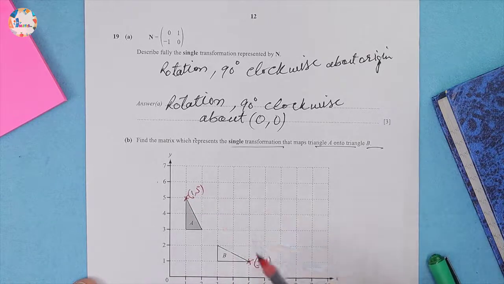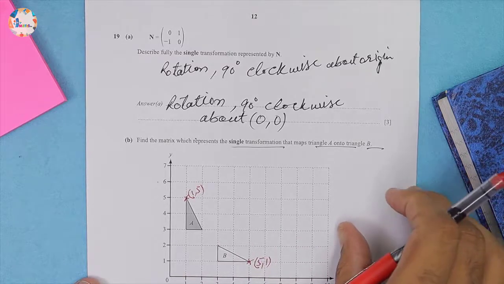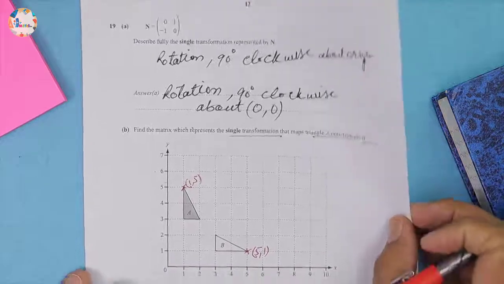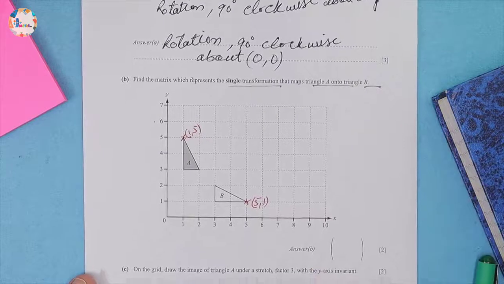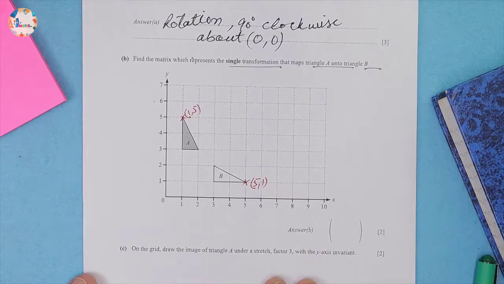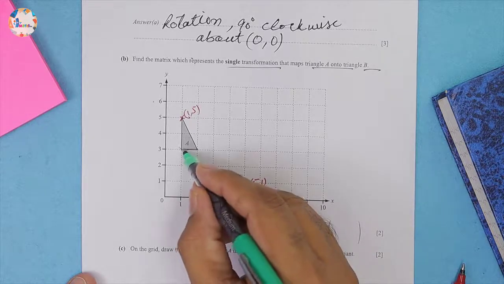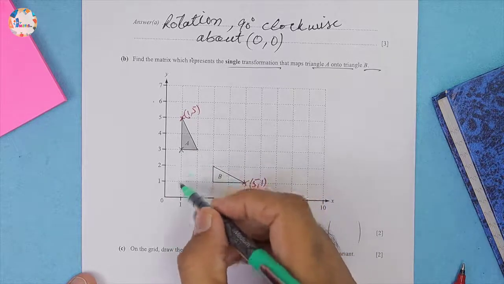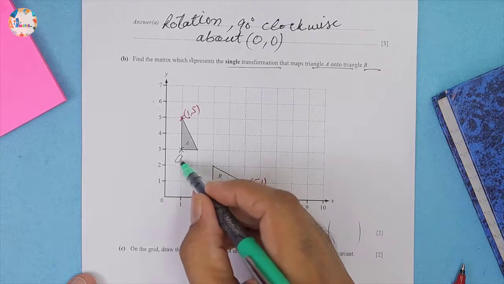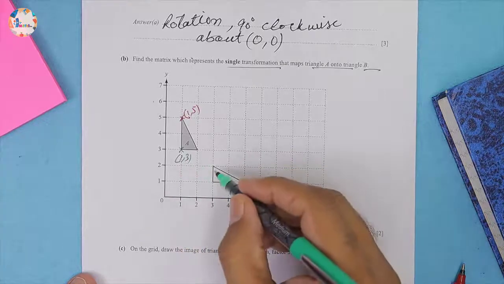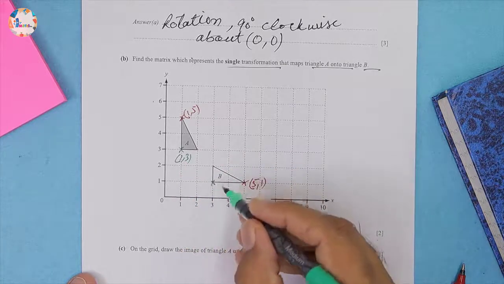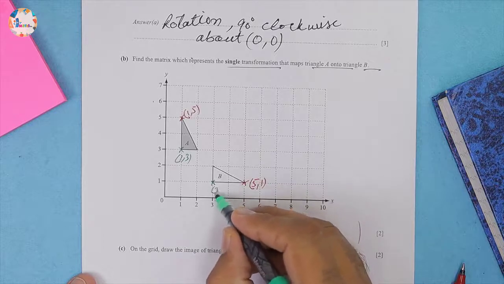So we can see from here X and Y points are switching. So X value is taking Y position, and Y value is taking X position. Similarly, if we check this point, this one is having coordinates 1 and 3, and this corresponding point is switching to 3 and 1.